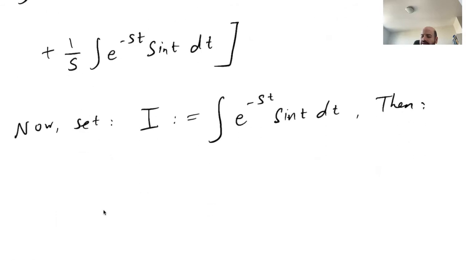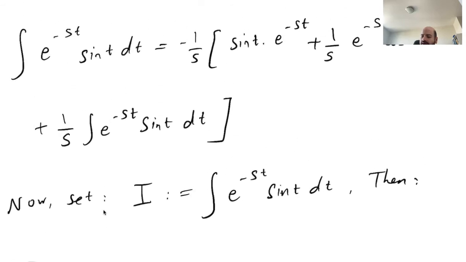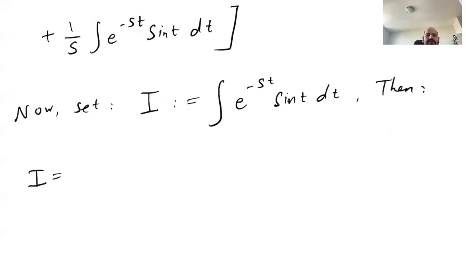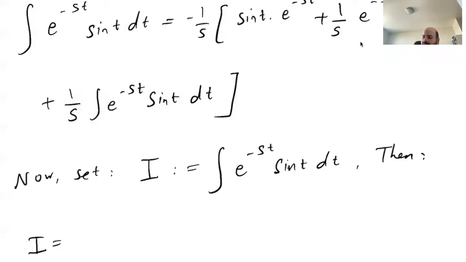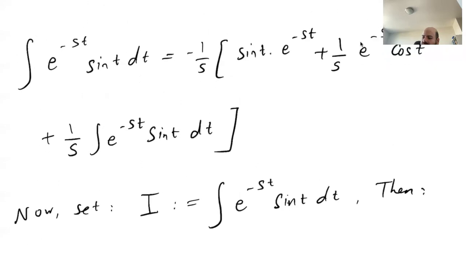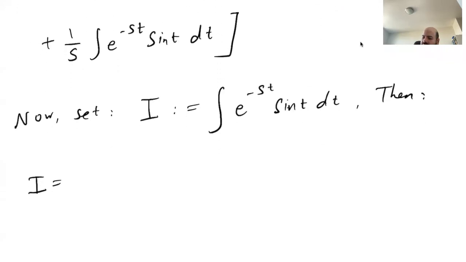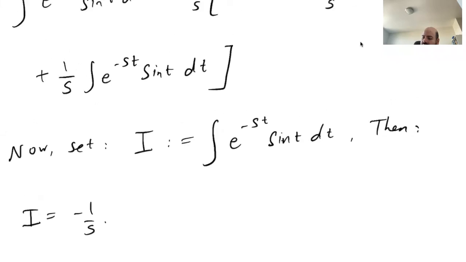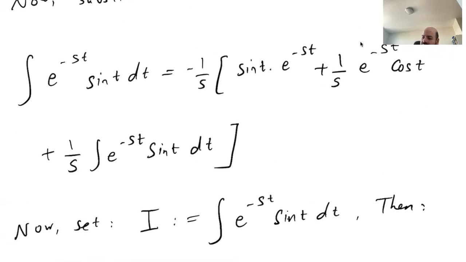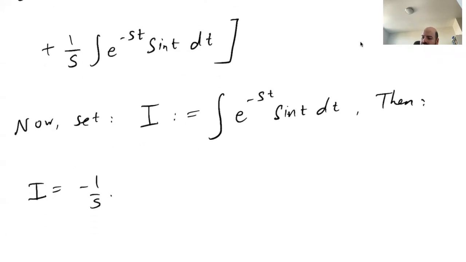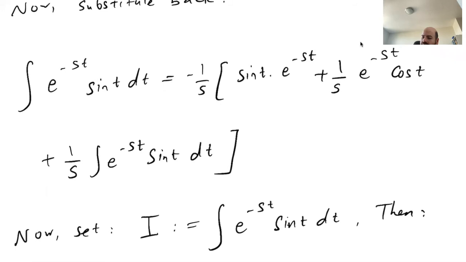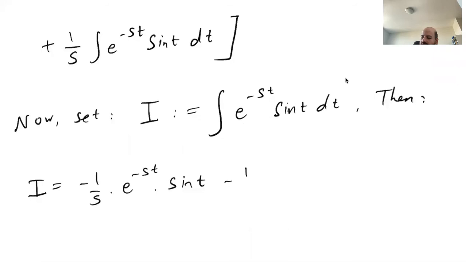Then we will have I equals minus 1 over s times sine t e to power minus st. So minus 1 over s times, I can take e to power minus st out, or I can write it as e to power minus st sine t. And then minus 1 over s times 1 over s becomes minus 1 over s squared. So minus 1 over s squared e to power minus st cos t.